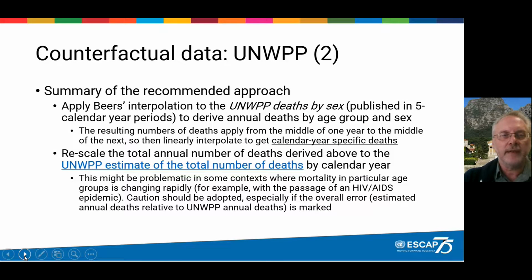And so the summary of the recommended approach is that we will be applying Beers interpolation to the UNWPP deaths by sex, which are published in 5 calendar year periods, to derive an estimate of the annual deaths by age group and sex. However, after applying Beers interpolation, those resulting number of deaths on an annual basis apply from the middle of one year to the middle of the next. And in order to produce estimates on a calendar year basis, we'll then use linear interpolation to get calendar year specific deaths.